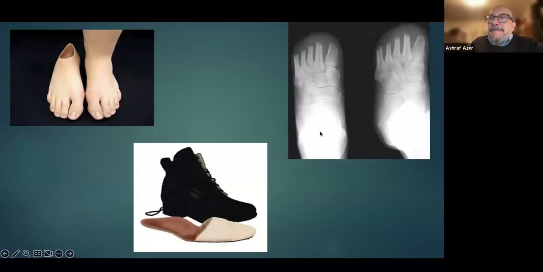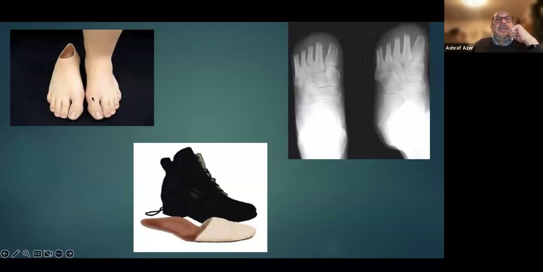But what is the problem here? If the patient has a transmetatarsal amputation specifically, if he's not well balanced, he goes into equinus. So you have to make sure you put him in shoes that contain his ankle, with a sole plate and toe filler.